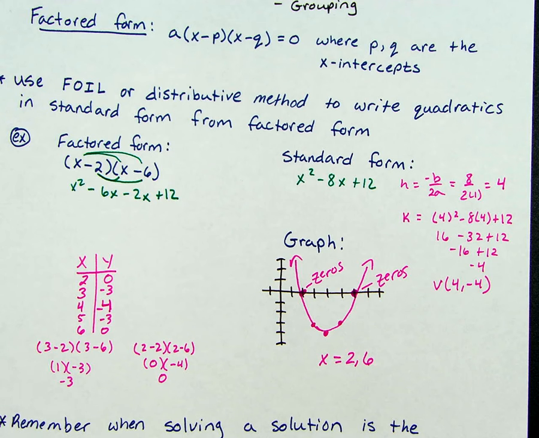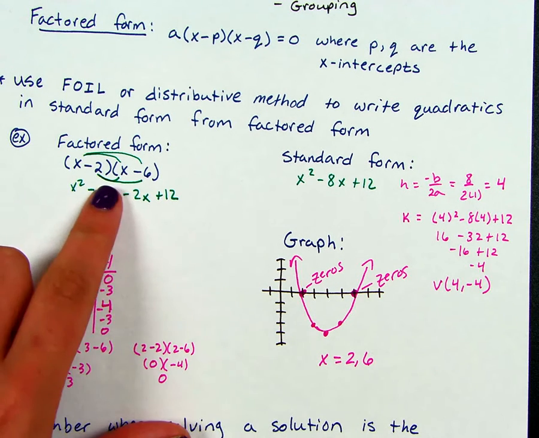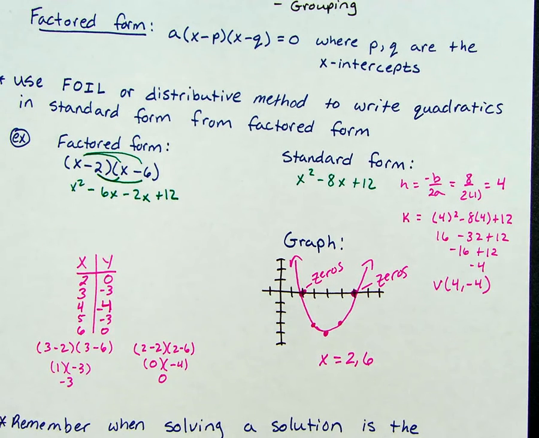No matter what form we're in, we're always talking about the same thing in terms of its graph. The forms are useful for different things. Vertex form is really useful for graphing. Standard form is very useful for writing equations or if we're evaluating. And factored form is going to help us solve our problems when we get there.